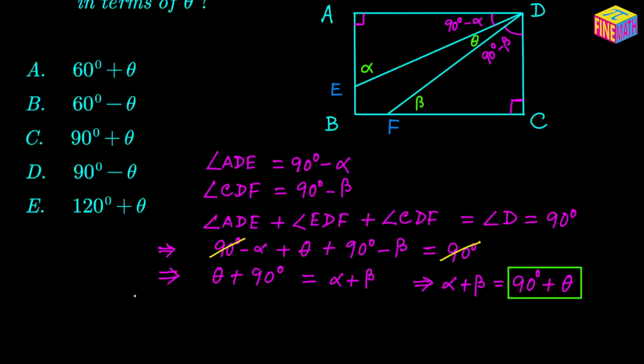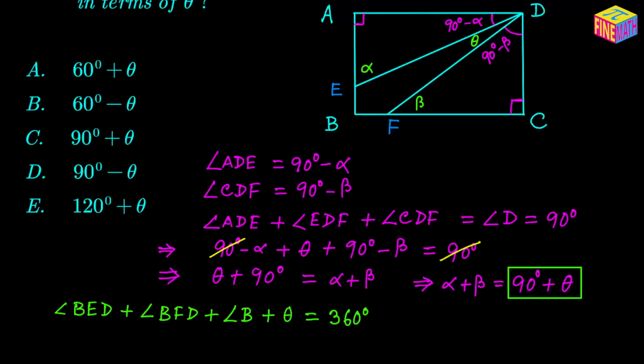In the second method we can say that angle BED plus angle BFD plus angle B itself, plus angle theta, this is the sum of the four angles of the quadrilateral, and that would be 360 degrees. Angle BED is actually 180 degrees minus alpha, and similarly angle BFD is also 180 degrees minus beta.